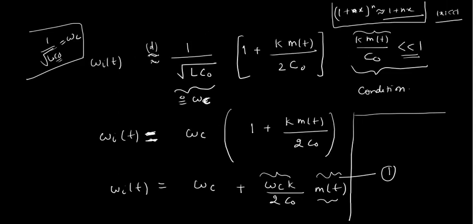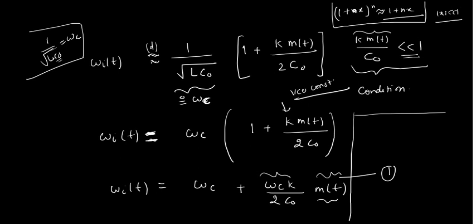We will replace this term by this term if this condition is satisfied. So we assume that this condition is satisfied, and we write 1 upon root L C0 (1 plus k m(t) by 2 C0). So the instantaneous frequency of the oscillator would become this, where k, if you remember, was the VCO constant, right?